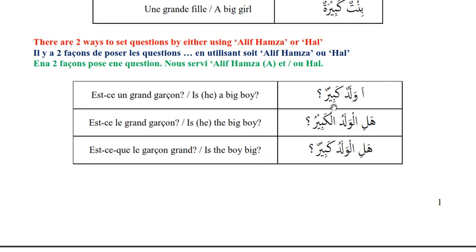Or halil waladul kabiru, is he the big boy? Or halil waladu kabirun, is the boy big? So here we have the same principle. Waladun kabirun, al waladu al kabiru, al waladu kabirun, but we have placed the question marks in front. A, hal. Very simple.